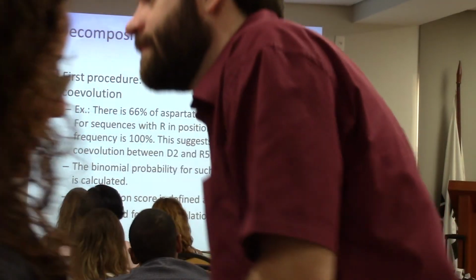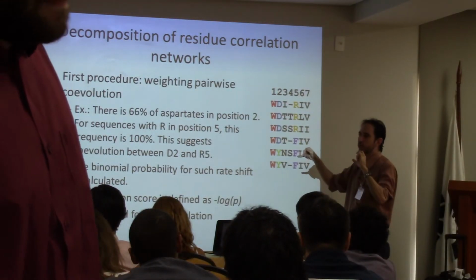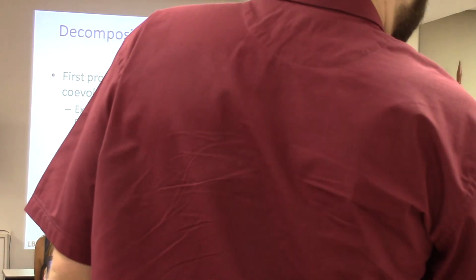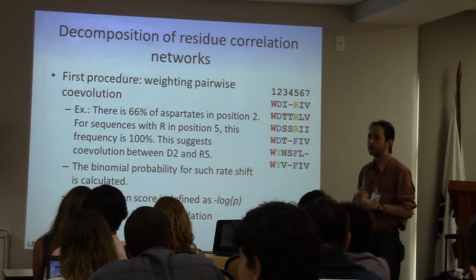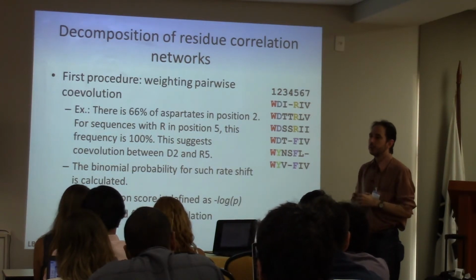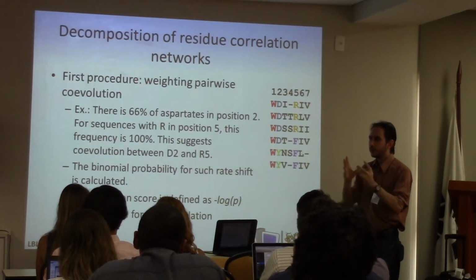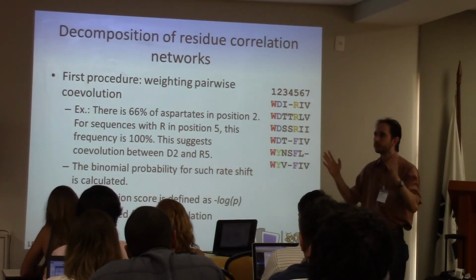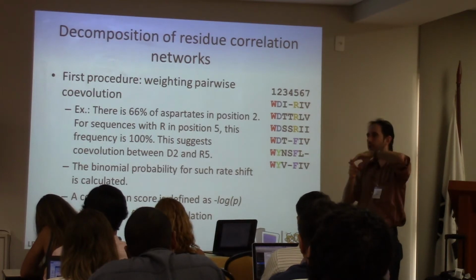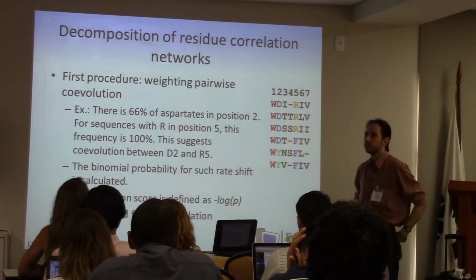If a position is gap rich, this means that the number of sequences you have would be lower. And since we use a binomial distribution, this is sensitive to the total number you have, and this will automatically get lower values for the score. So you're not expected to see high correlation values for gap rich regions unless they are really strong. For example, if you have a position where half of them are gaps and half of them are a given residue which is correlated to another position almost exactly.